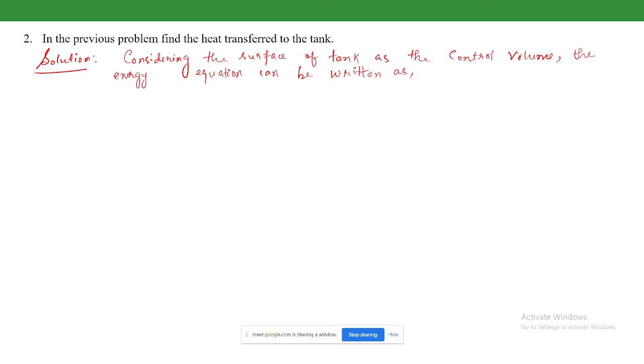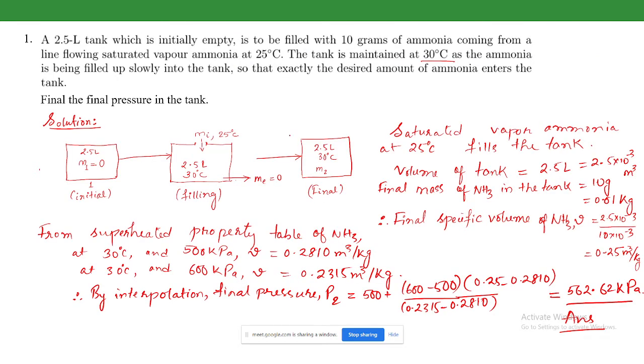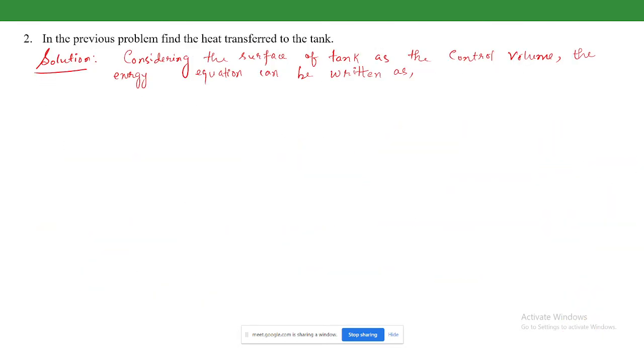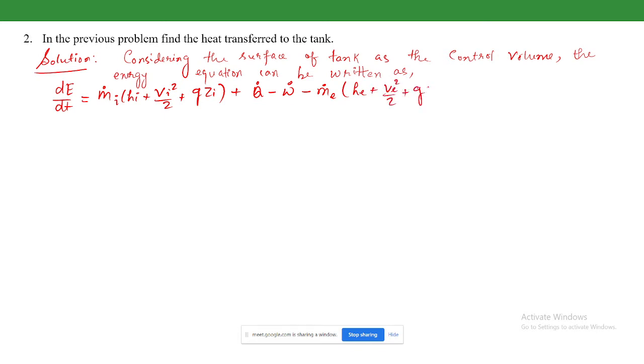So considering the surface of this tank as the control volume surface, then the energy equation can be written as dE by dt equals mi hi plus vi squared by 2 plus g zi, plus Q dot, these are all rates, minus W dot minus me he plus ve squared by 2 plus g ze.